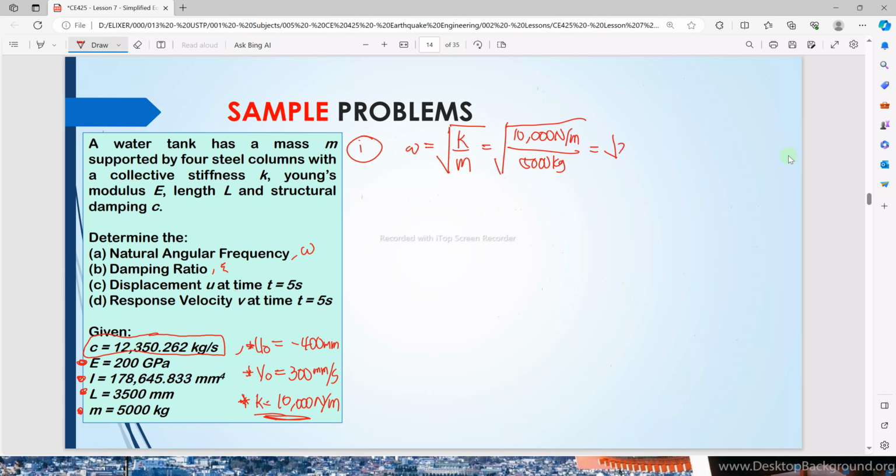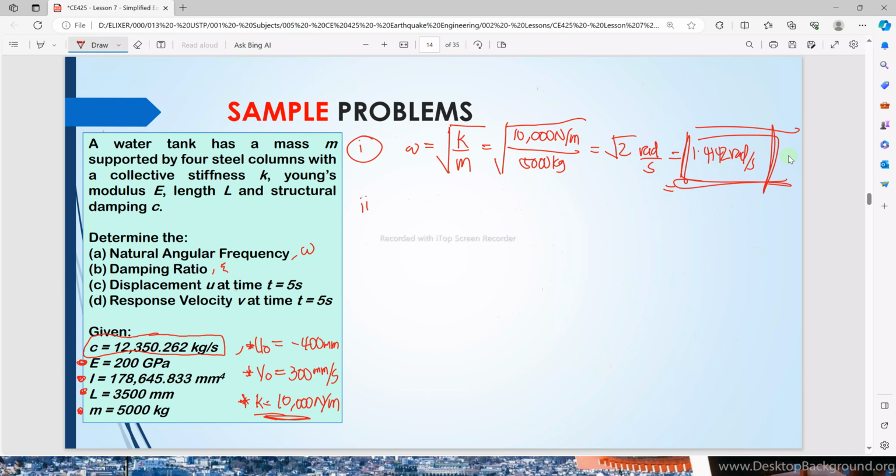So this is equal to the square root of 2 radians per second, or 1.4142 radians per second, or 1.4142 s to the negative 1. Whatever the notation, they are all the same. So our natural angular frequency omega is equal to 1.4142 radians per second.